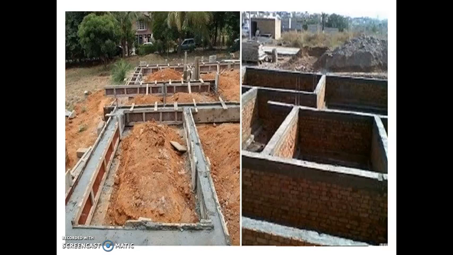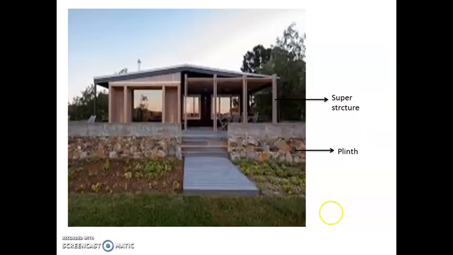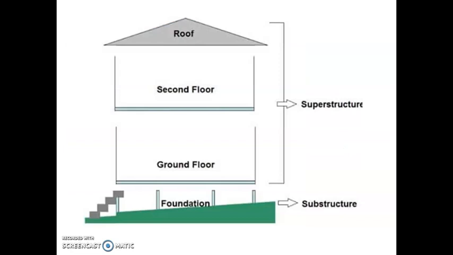The purpose of this plinth is to protect against the entry of rainwater and reptiles inside. Here in this diagram, the plinth and superstructure are shown to you. The structure constructed above the ground level is known as superstructure. In this diagram, you can see substructure and superstructure properly.